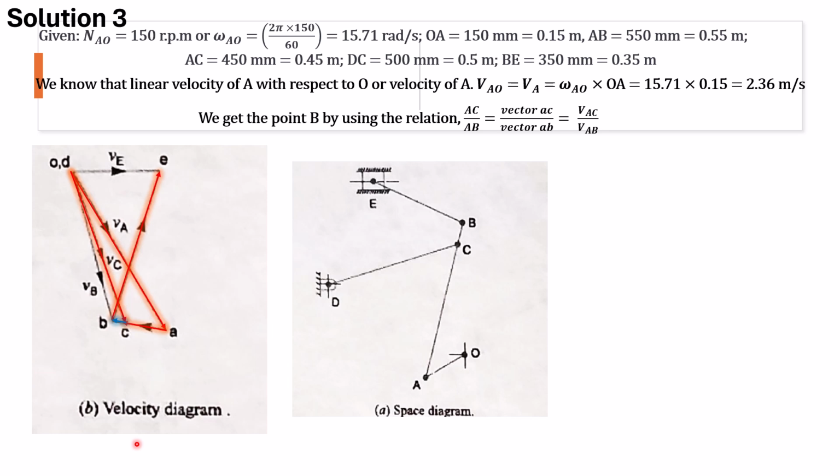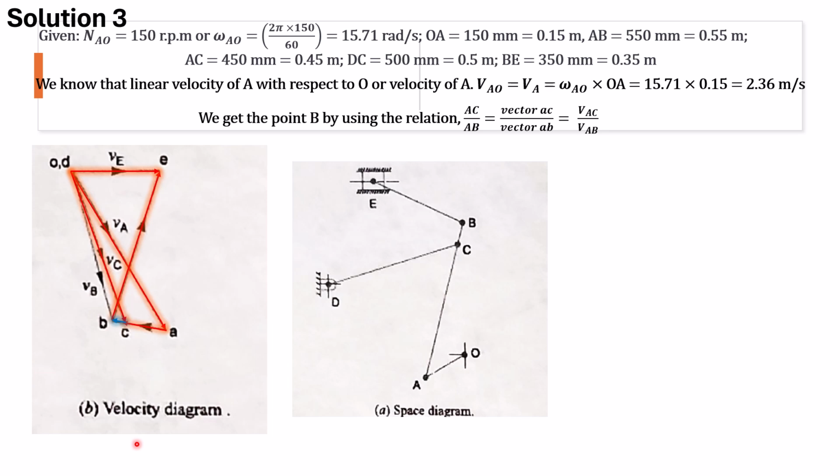Now we know our slider is always moving in a horizontal direction. So from the fixed point, we construct a vector OE, and where OE meets BE is our point E.